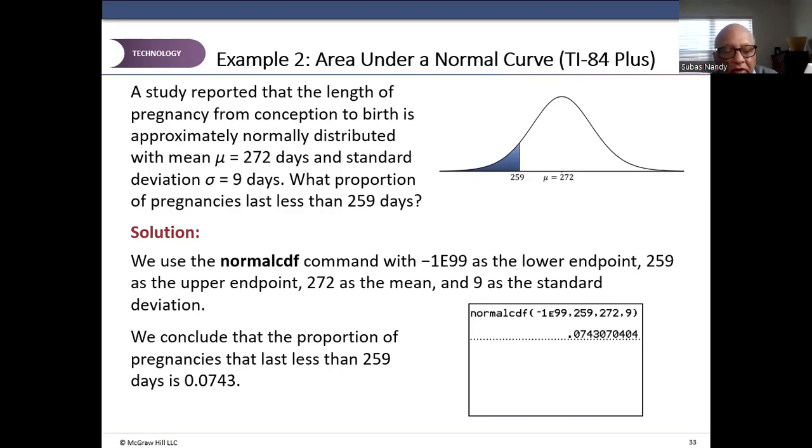My mean is 272, so mu is 272. Type 272 after the comma. My sigma is not 1 anymore. It's 9. Then go to Paste and hit enter and enter. And the answer is 0.074. What does it mean? It means 7.4% of the pregnancies will last less than 259 days.